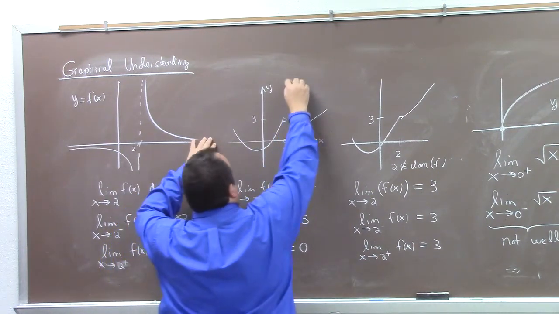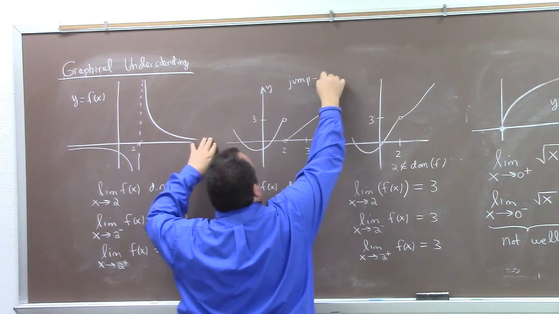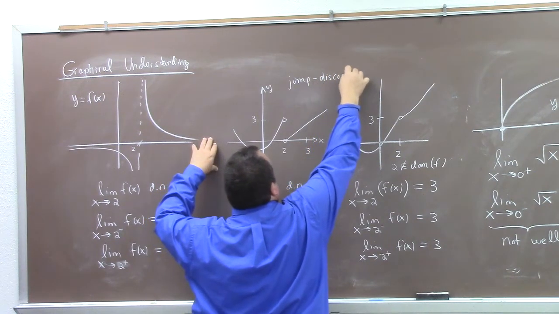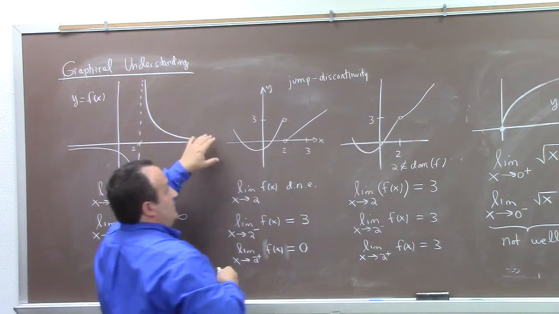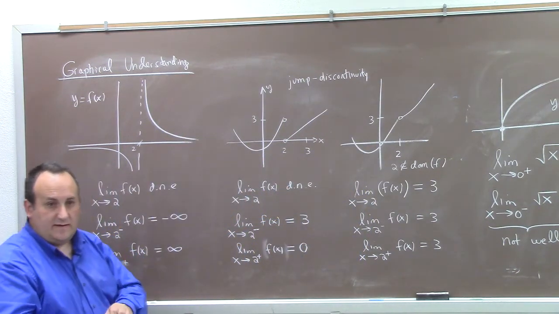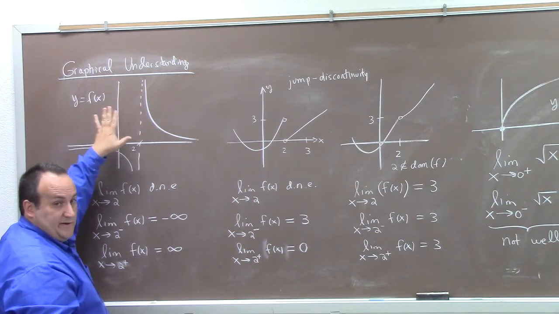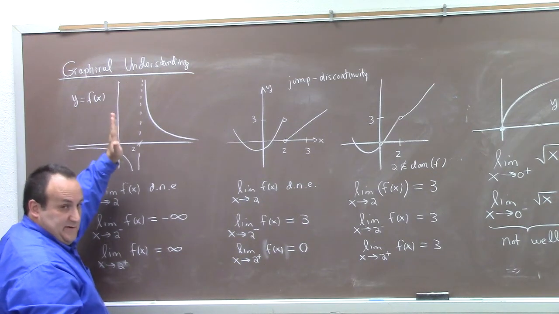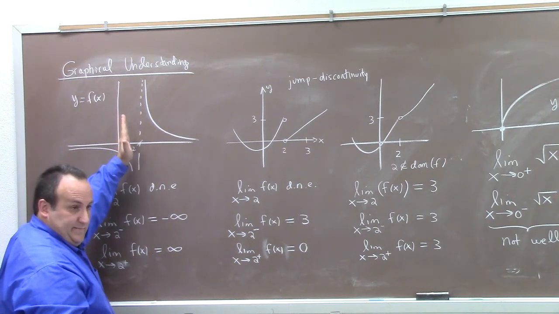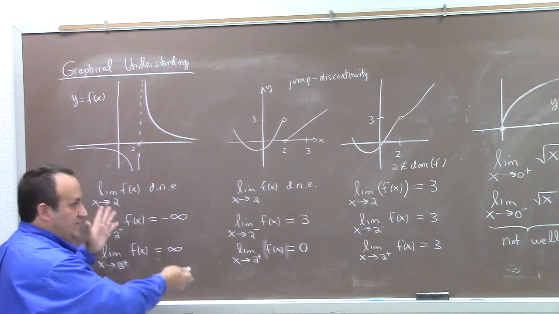So this is a jump discontinuity. And how about this first case? If either of the right or the left limits, or both, are infinity or minus infinity, that means that the function has a vertical asymptote at that point. Right? So we can describe these different behaviors carefully using limits.